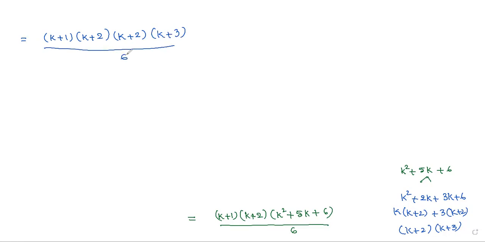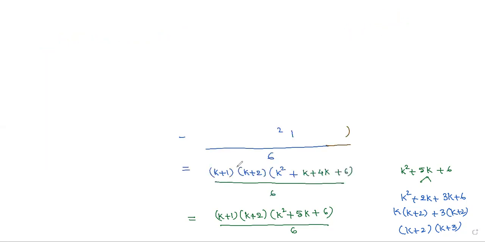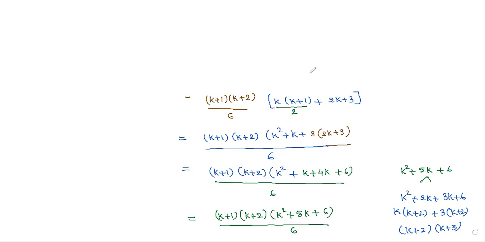So what is the RHS? N into n plus 1 whole square, n plus 2 by 12. 6 into 2, LCM is 12.